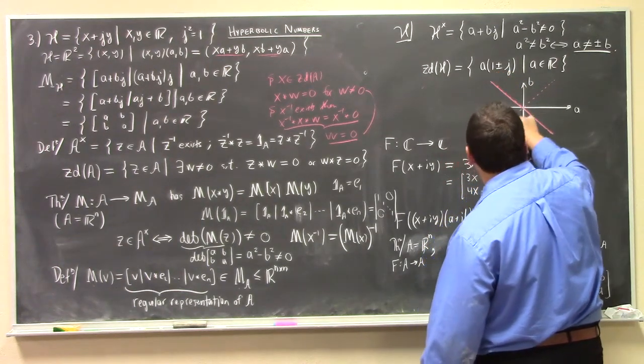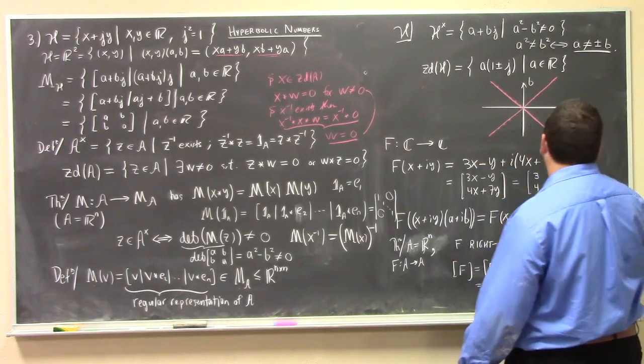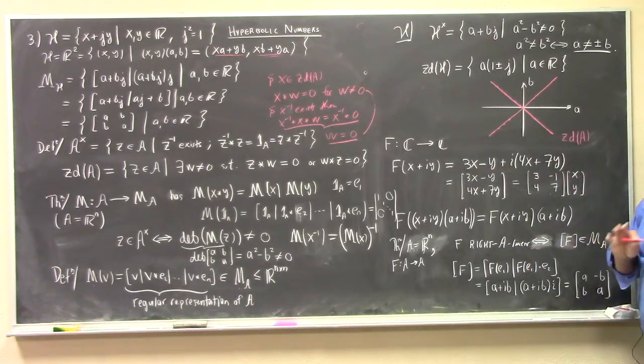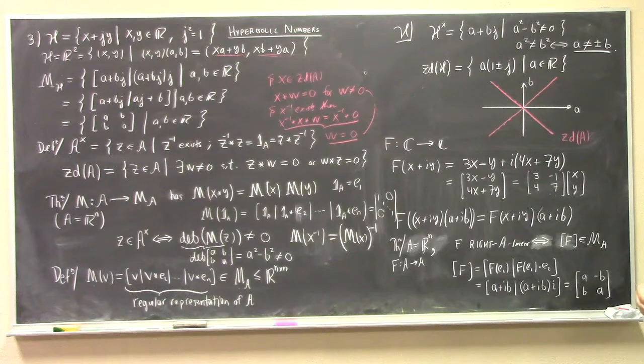These lines through the origin together are the 0 divisors of H. And as long as you stay away from those, everywhere else you're looking at invertible elements of H. Now, some people would say that 0 is not a zero divisor, because most interestingly, we think of non-zero zero divisors. Non-zero zero divisors are weird with respect to our regular experience in arithmetic. Like in Z mod 6, 2 times 3 being 0, despite the fact that 2 and 3 are neither 0.